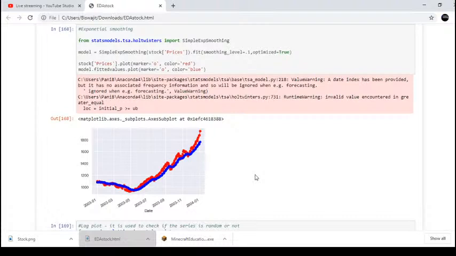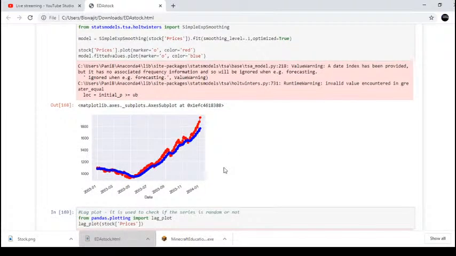So if you have a lot of time series to forecast in a short time with reasonable accuracy, I think exponential smoothing is a pretty okay model, and it's heavily used in many industries. Very less popular in academia, but useful in industry, because in industry we do not really care much about the theoretical aspects of the model. We are more concerned about the practical aspects, and from a practical point of view, I think exponential smoothing is quite a good model.